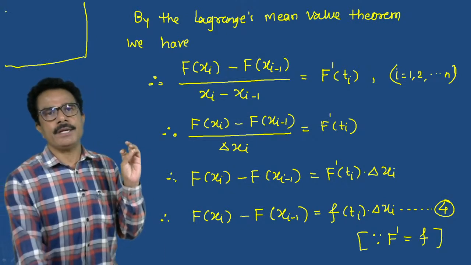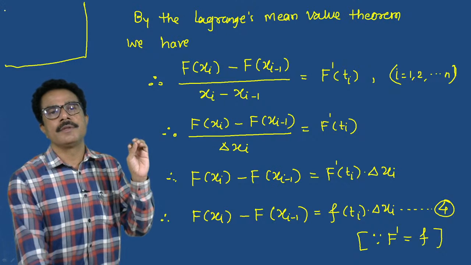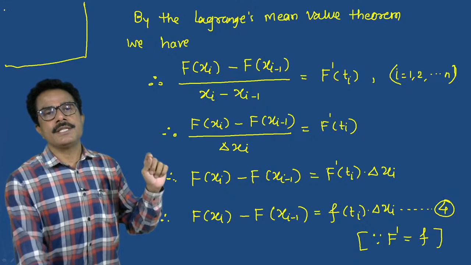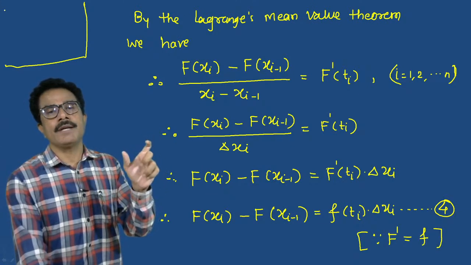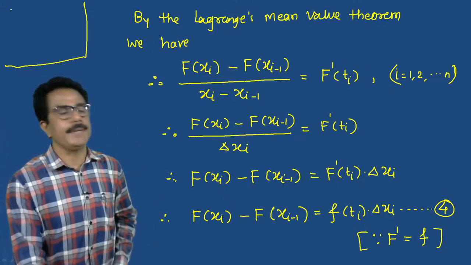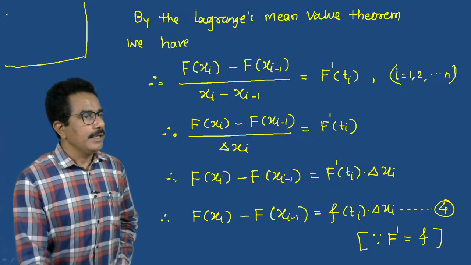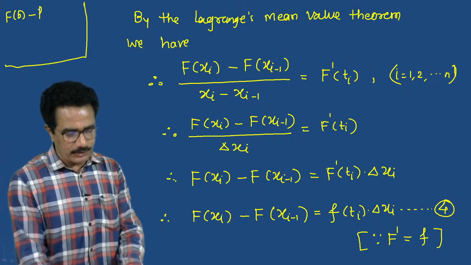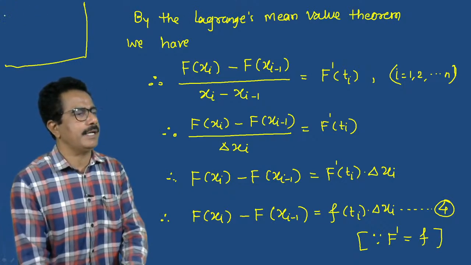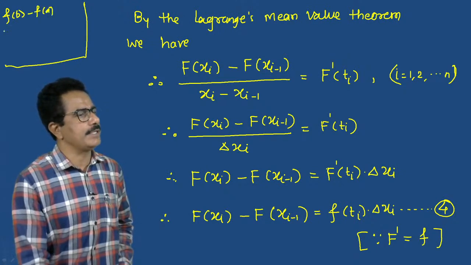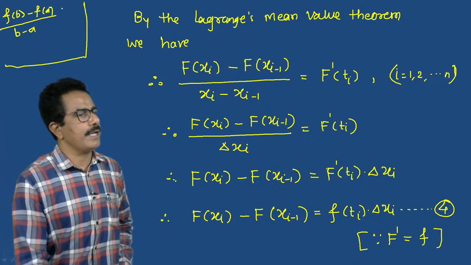The statement is: if the function f is continuous in the closed interval [a, b] and differentiable in the open interval (a, b), then there exists a point small c in the open interval (a, b) such that f of b minus f of a, divided by b minus a, is equal to f dash of c.